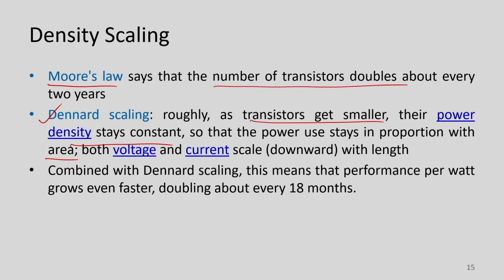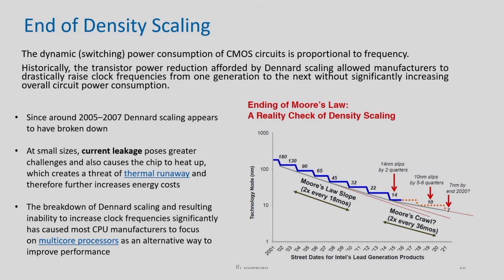So, what does it imply? If you combine Moore's law with Dennard scaling, it means that performance per watt is improving day by day, because you have more transistors with the same power, but you are doing more operations. So, the operations per watt is getting faster, which is really good. Is it something that will continue? The question is, will it continue forever?